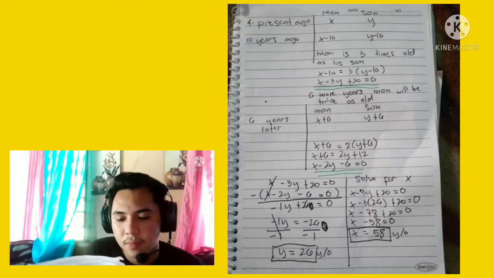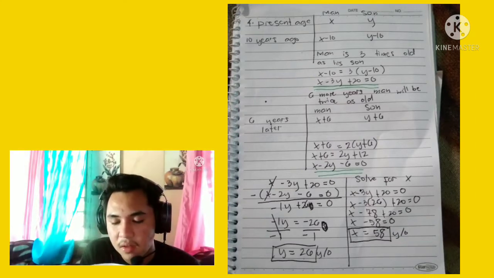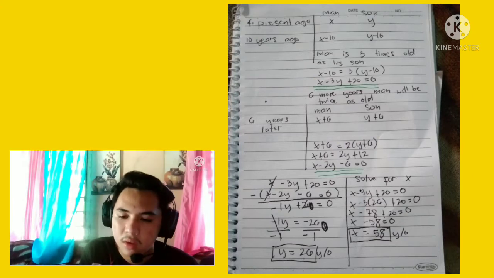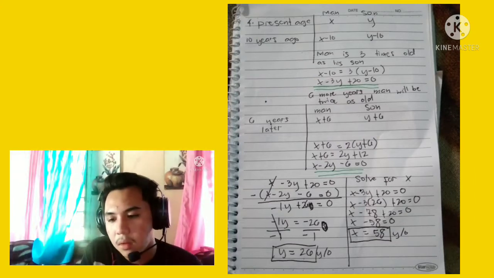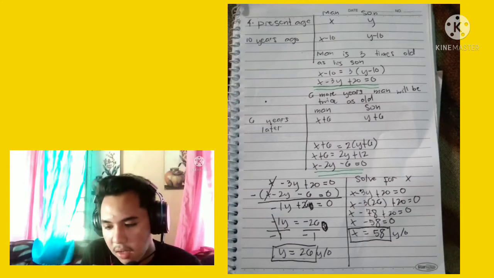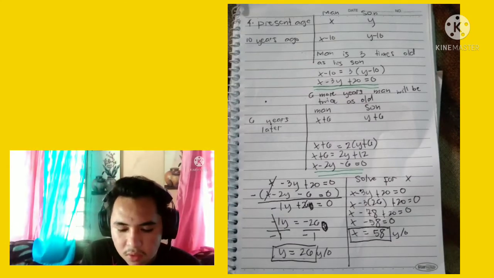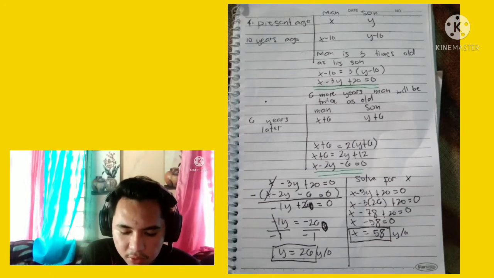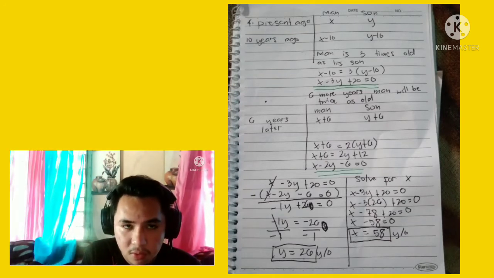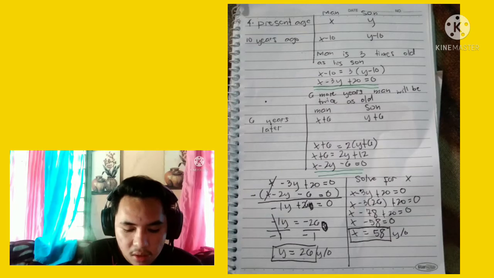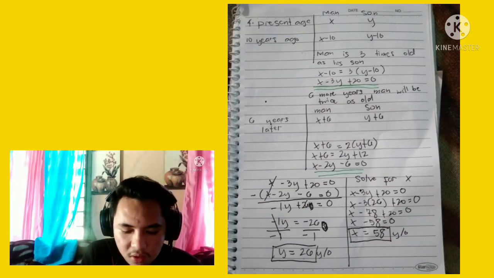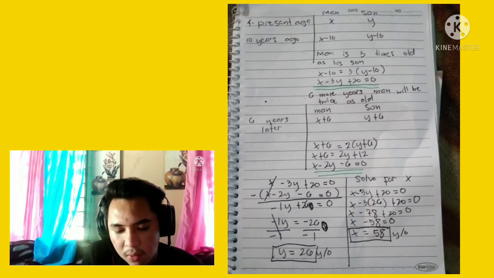Now we can solve because this is a system of equations. So to solve, we're going to write our two equations. x minus 3y plus 20 equals 0 and x minus 2y minus 6 equals 0. So we're going to use the elimination method.